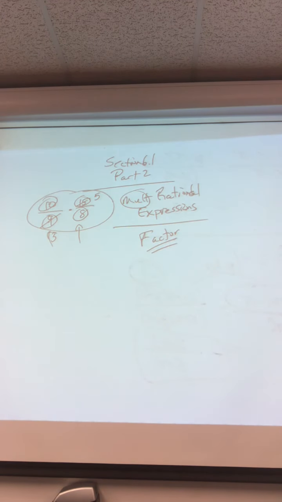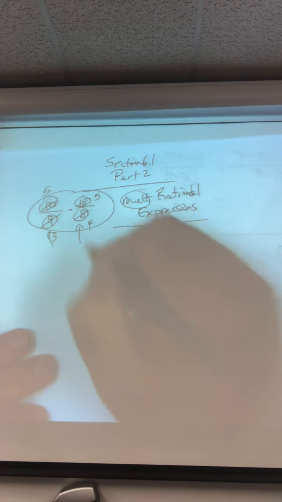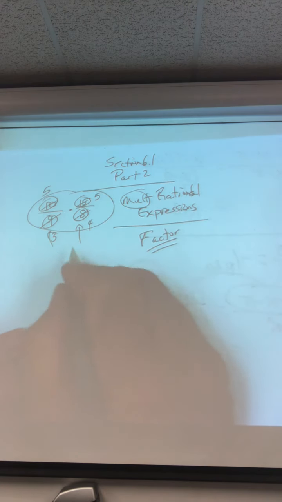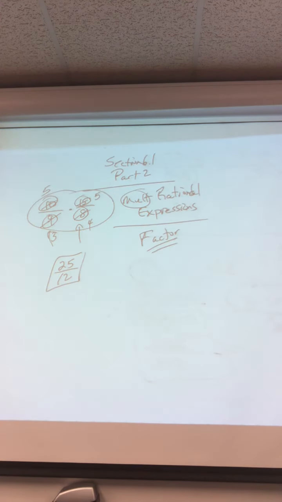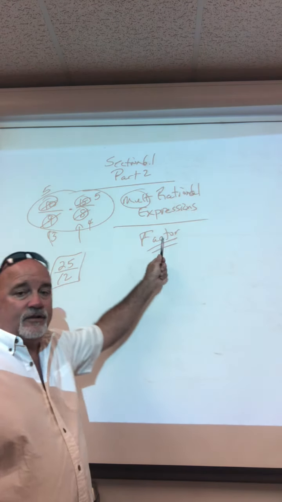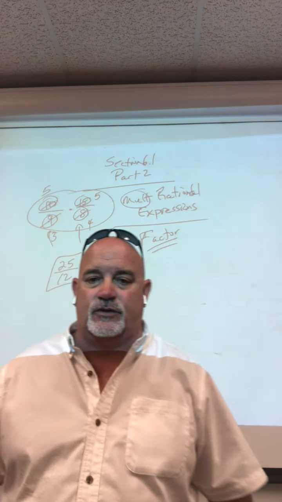Well, 2 will. 2 goes into 10, 5. 2 goes into 8, 4. And then whatever's left, you multiply together. Now, could you multiply it first without canceling the factors? Sure you could. But it makes it a whole lot easier to cancel your factors first.